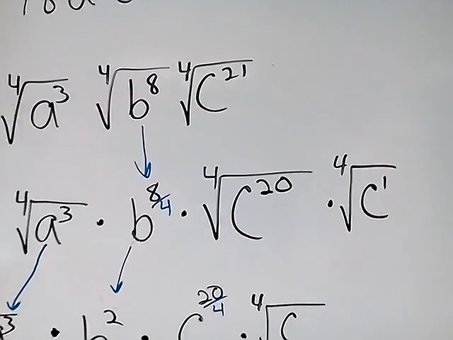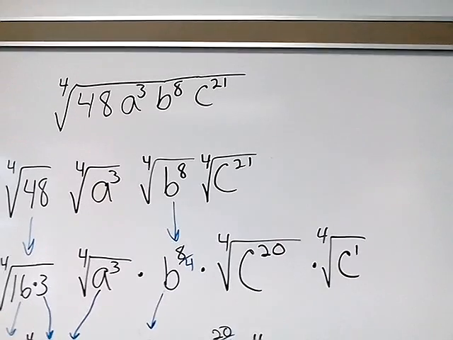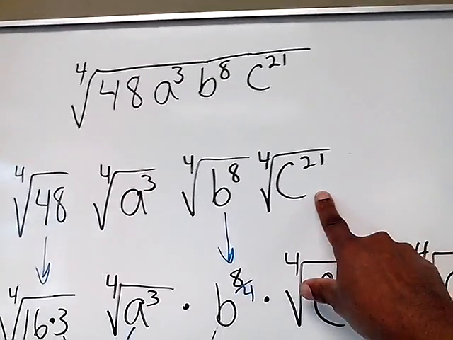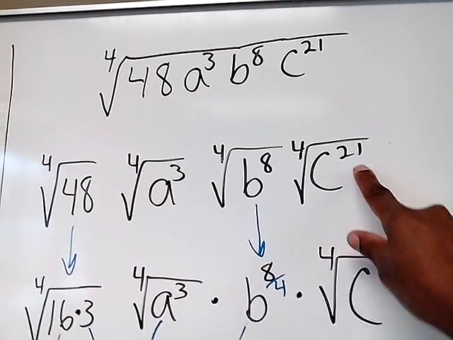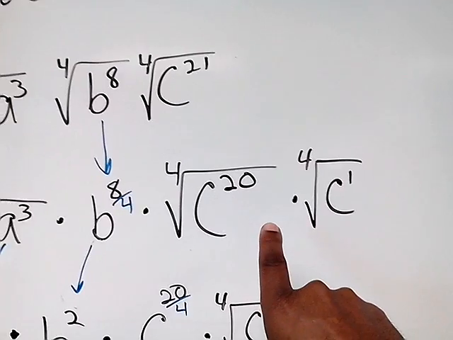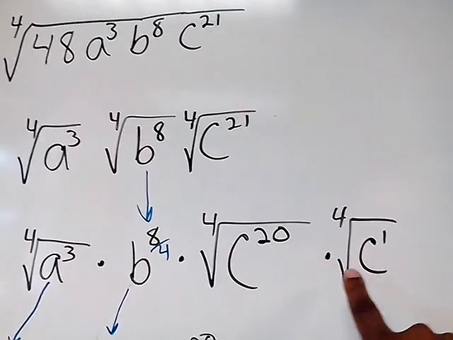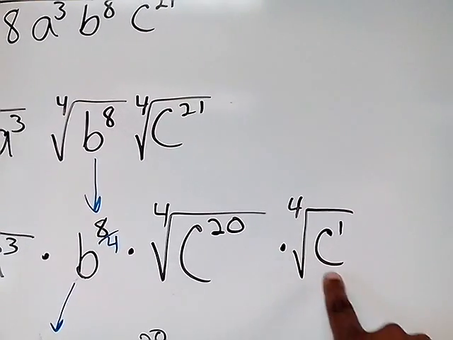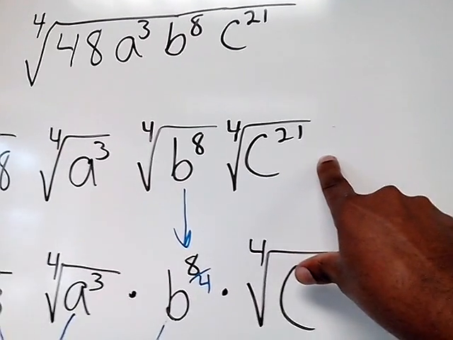In the next part, we have c to the 21st originally, but 4 doesn't divide evenly into 21, so we can use the rules of exponents to break that up to c to the 20th times c to the first power. Now remember the rule where if we have the same base, we can add the exponents. So that gives us back the 21st power.